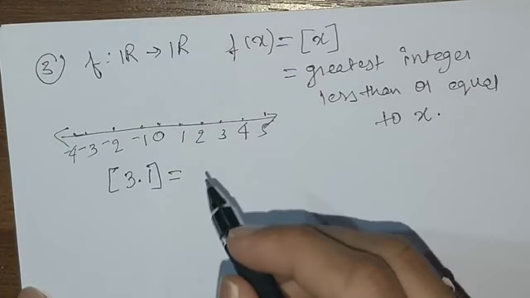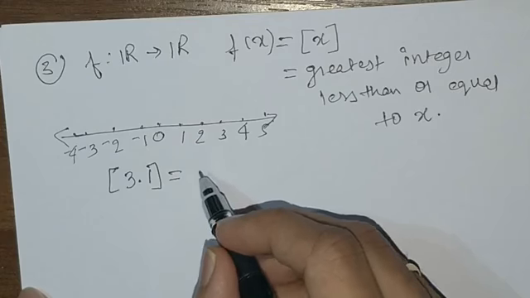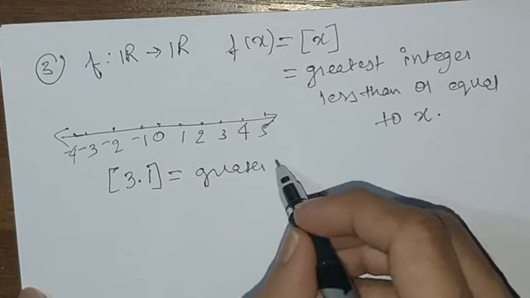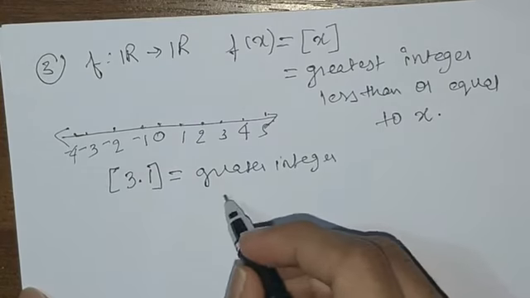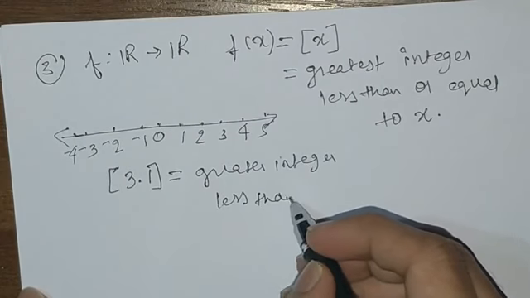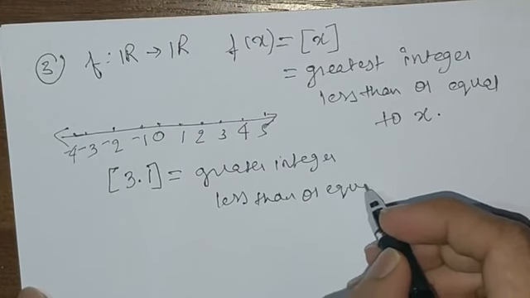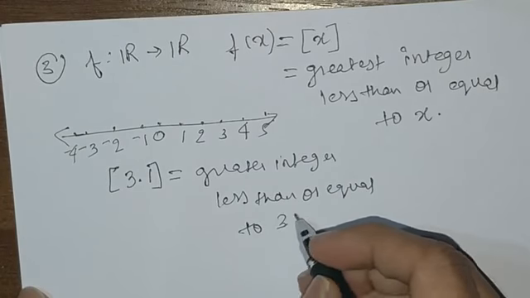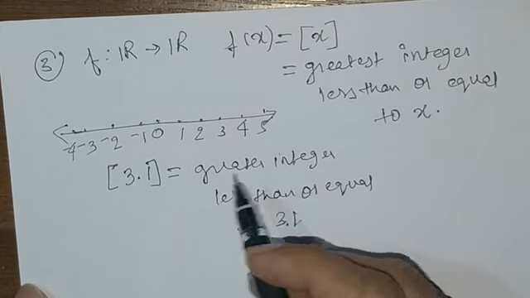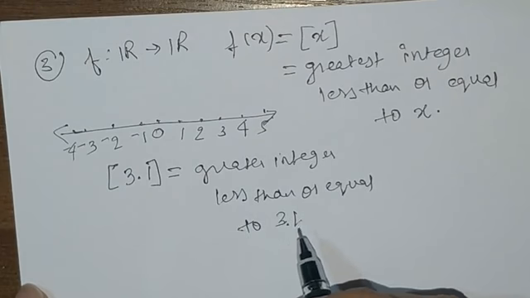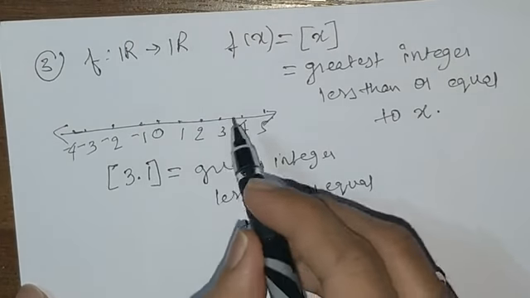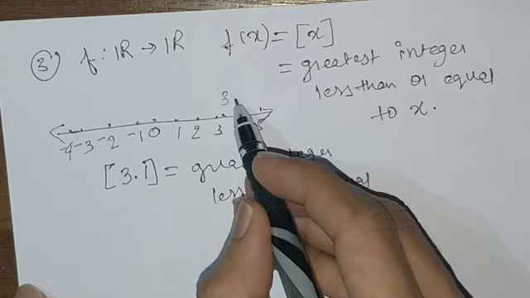If you take the greatest integer function of 3.1, you will get the greatest integer less than or equal to 3.1. See, 3.1 is here, right?